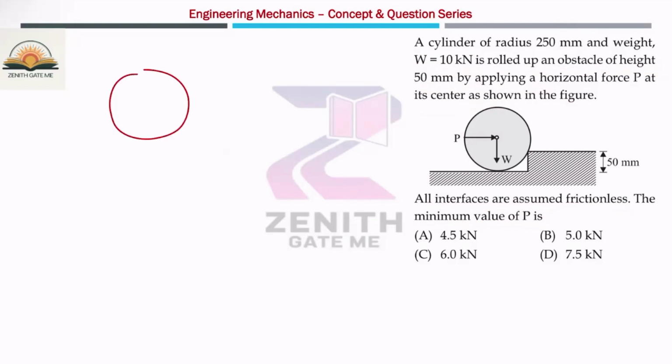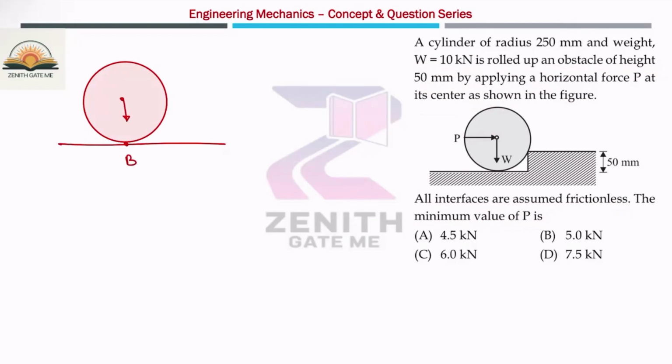This is basically a cylinder. Here will be the point B. This is W. Here is the P force which is acting. Now it is making a contact, so there will be a normal reaction, let us suppose NA at this point A. This is point O. Let us suppose this is angle theta and this is point D. Can I calculate this theta value?